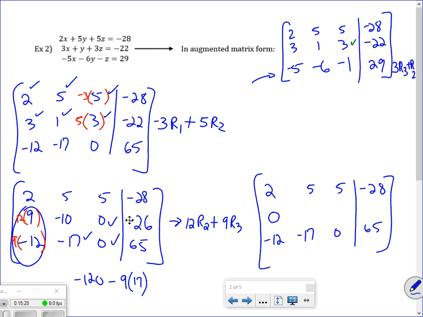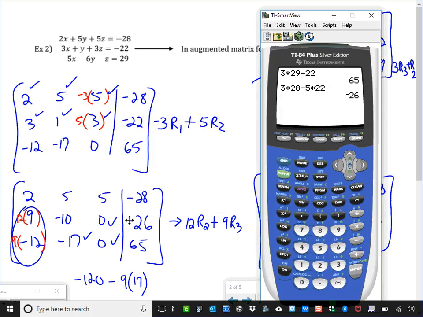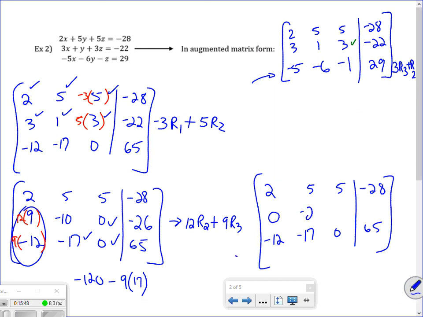So I got negative 120, yep. So let's see, 9 times 17, that's 90 and 63. Well, we grab a calculator. Okay, so I got negative 120 minus 9 times 17. All right, so negative 273. Ay, ay, ay. Negative 273.